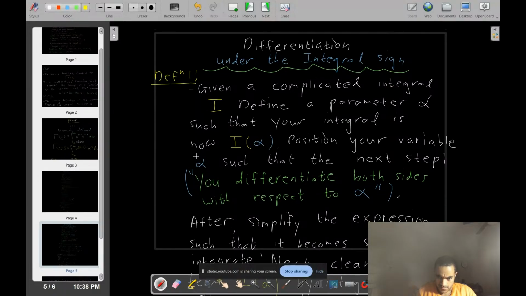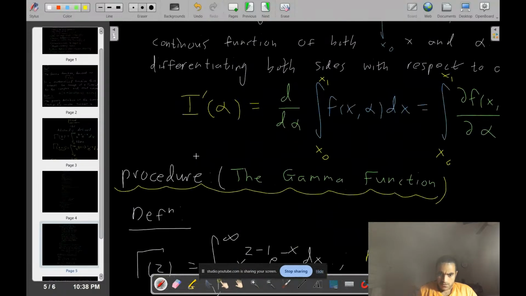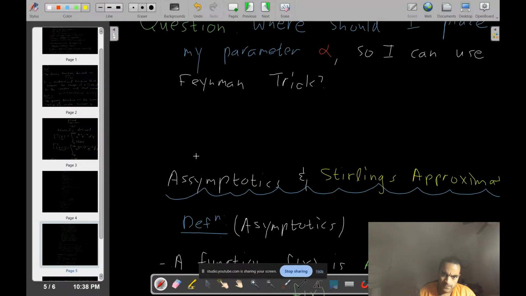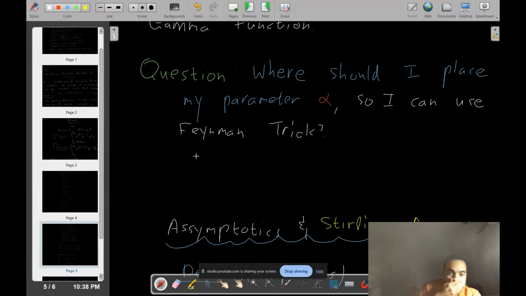So where would I place my alpha in order to get my d by d alpha on both sides, and then integrate with respect to x easily after I put the differential operator in? So that's for you guys to figure out.